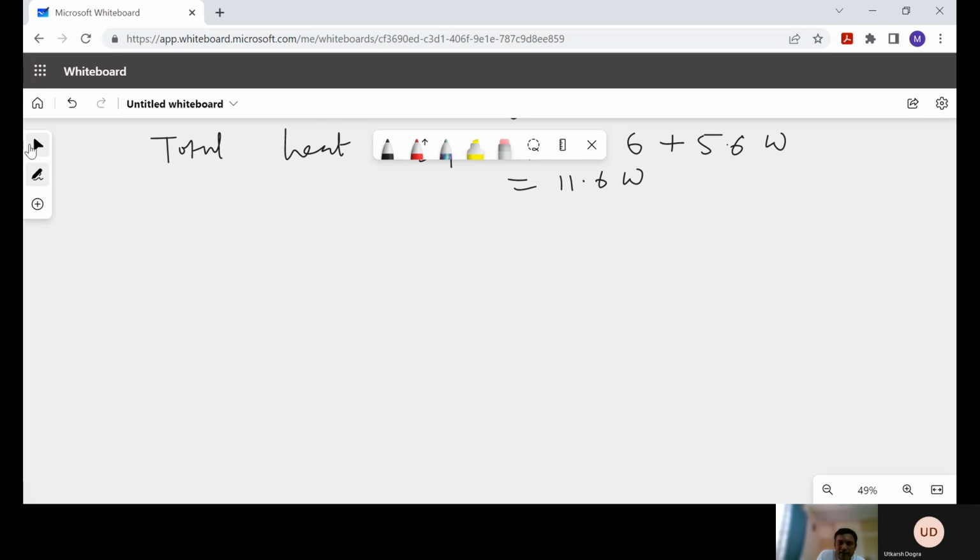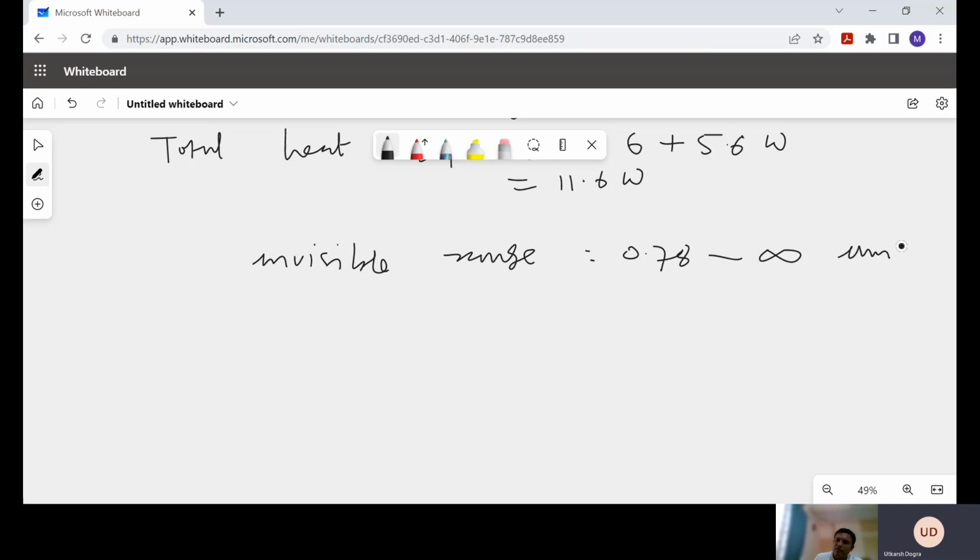So the invisible range is 0.78 to infinity, correct?